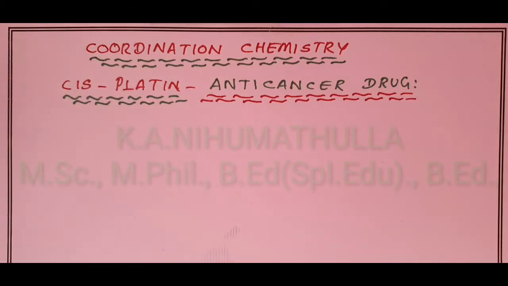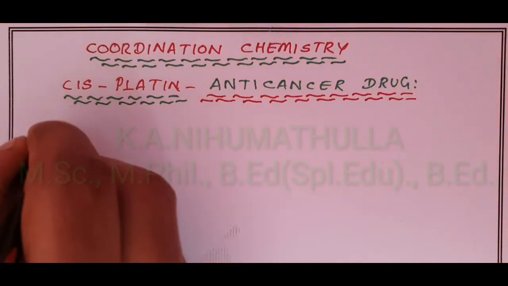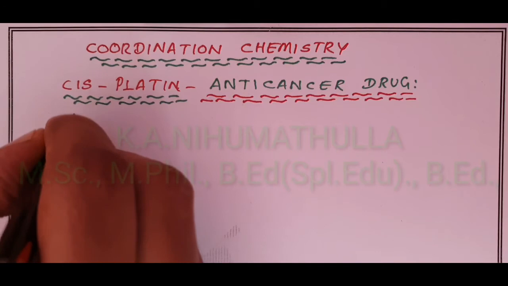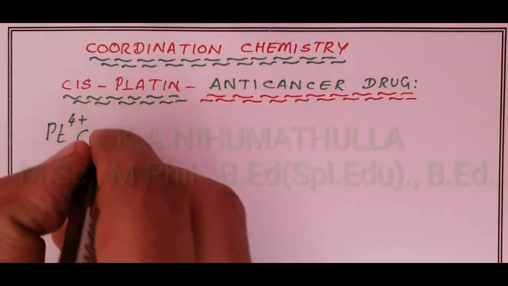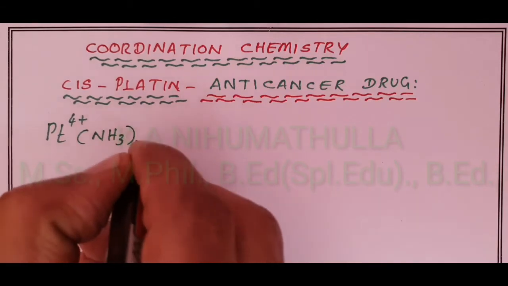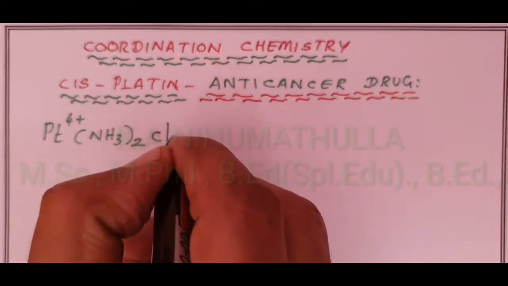There are two types of isomers in this complex, with the general molecular formula platinum 4 plus ion, NH3 twice and Cl2.